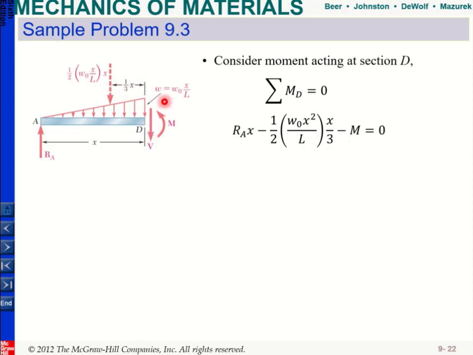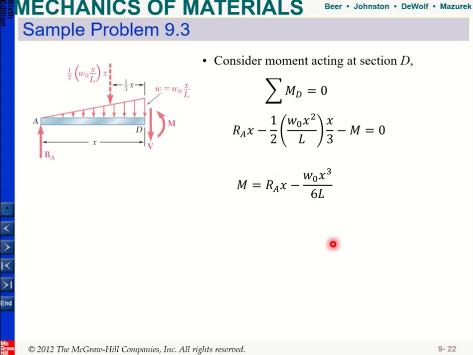Then I have this counterclockwise M, so I put it there. Here I'm assuming that clockwise is positive, so this is negative, and M is negative, and from there you can get your M as this equation. This is valid between A and B, along the whole beam section. So this is my moment.